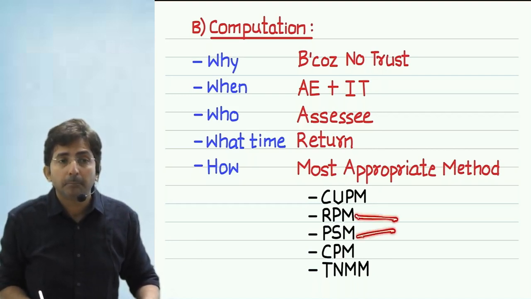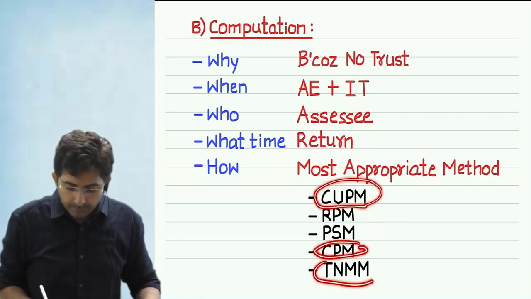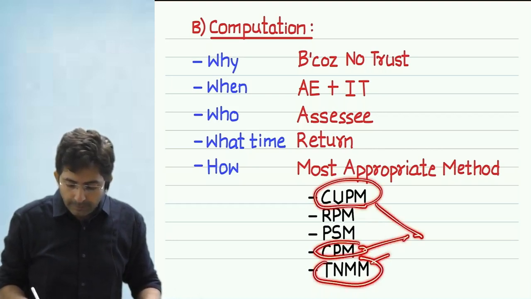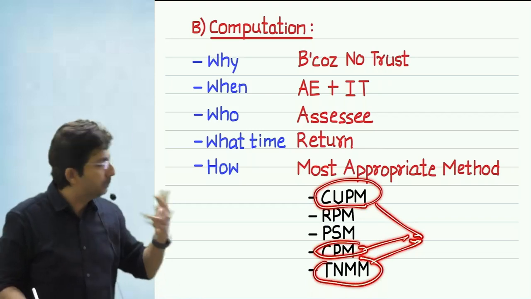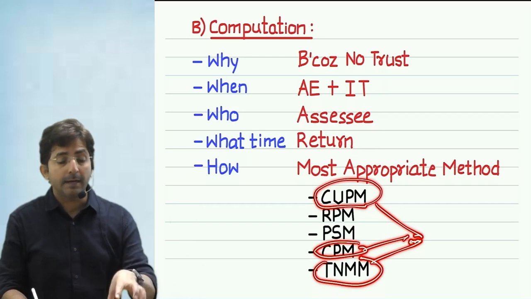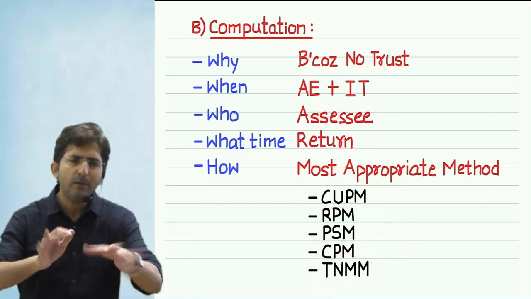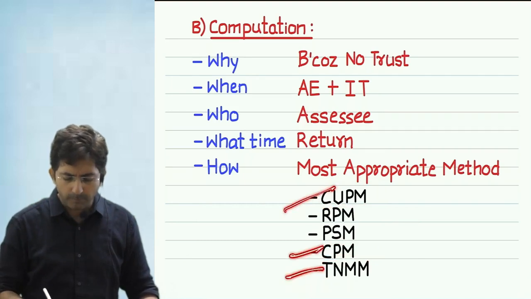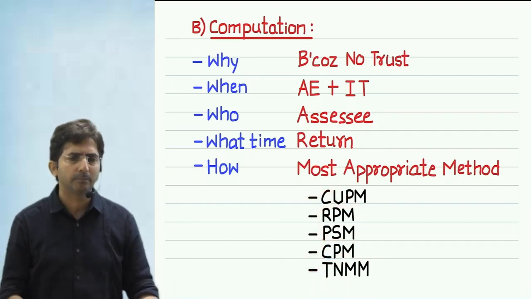RPM and PSM. But CUPM, CPM, TNMM, if you realize, most companies can fit into these methods. If you have done articleship in a transfer pricing department, you are very well aware of these 3 popular methods. Yes, these are methods applicable in specific scenarios.